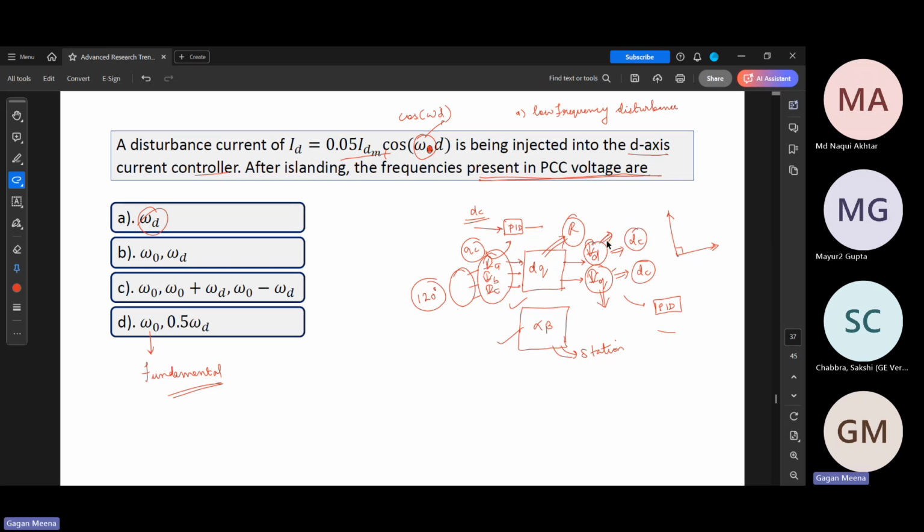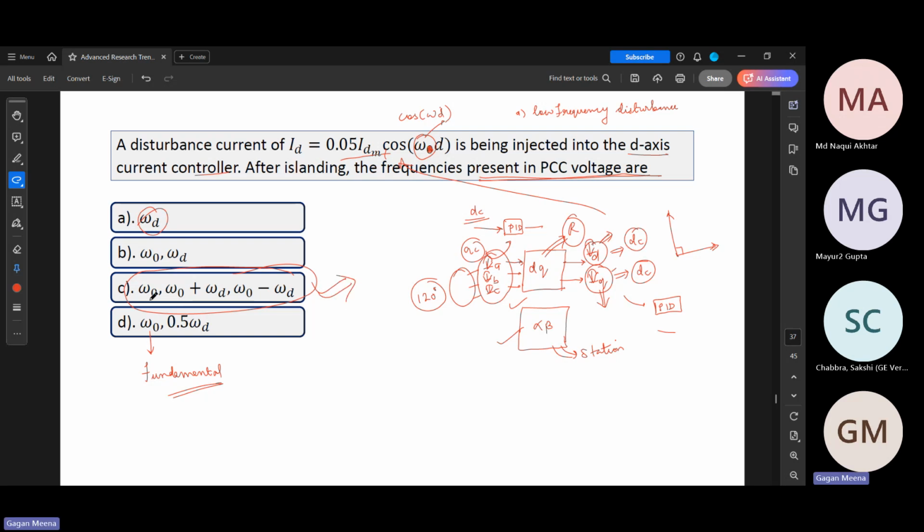So in this ID, if we inject this disturbance, then we will get this. So these are cos terms. So you can use the cos A plus B formula, cos A cos B. So these two frequencies will come.